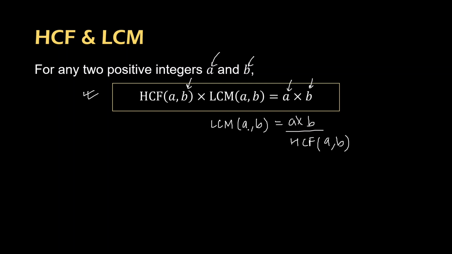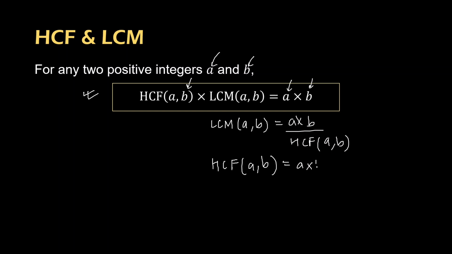So now we can easily find the LCM if we know the product of both these numbers and HCF of those two numbers. In a similar way, we can also find the HCF of A comma B by taking the LCM on the other side.